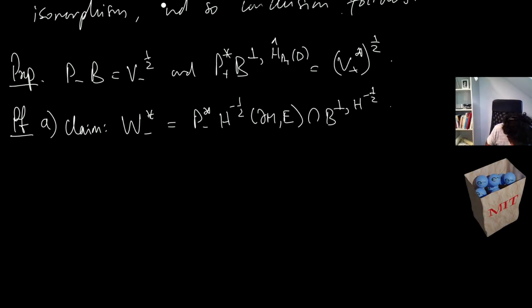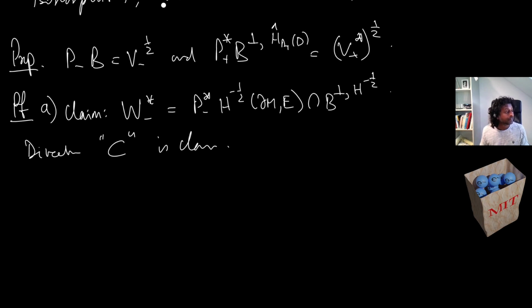Okay, so clearly the direction is clear, right? Because we define the W with the L2 in place of the H minus a half. So let's now consider the reverse. So we prove the reverse.